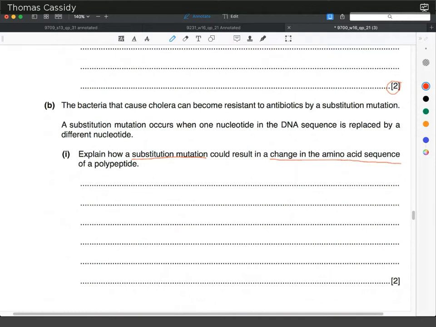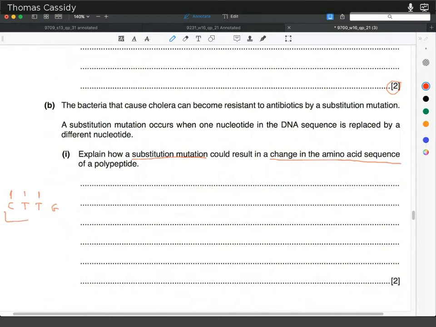And it doesn't really say explicitly, but it's telling you that when this happens, we get a change in the amino acid sequence. Why does that happen? So we need to understand that DNA sequences, when we're talking about our sequence of base pairs along this helix of DNA, we might have a C, T, T, G, A, it goes on forever and ever.